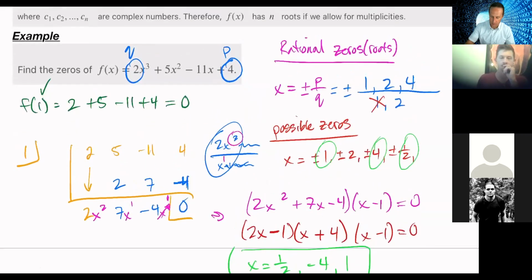So in ours, you look, it was a positive, positive, but then right here, it went from a positive to a negative, and then it went from a negative to a positive. So the answer is it changed twice. The signs changed twice. Well, then you have that many or an even number less positive solutions.